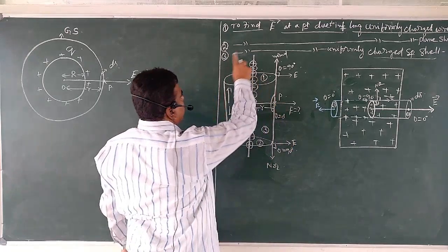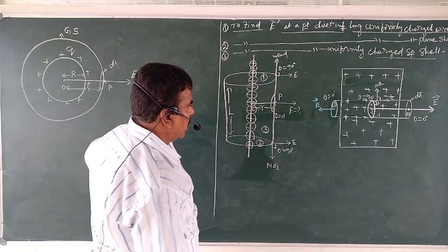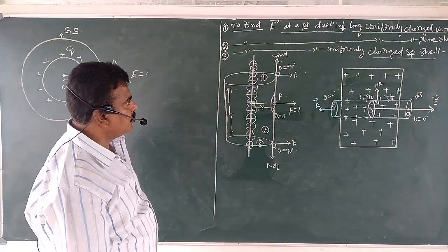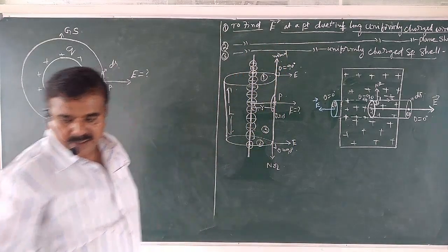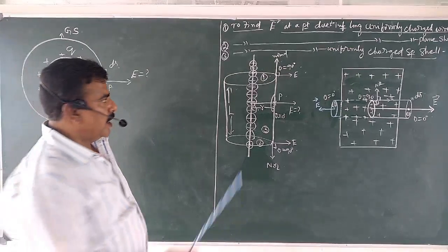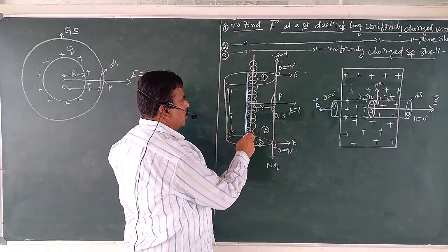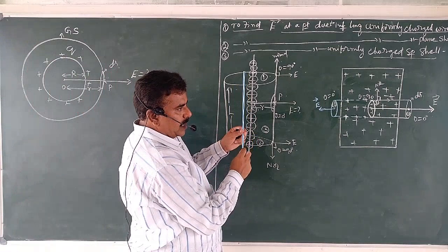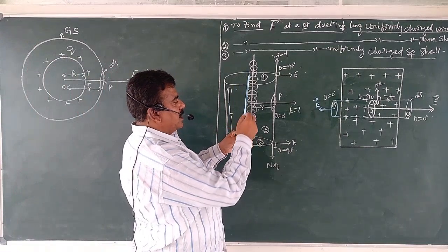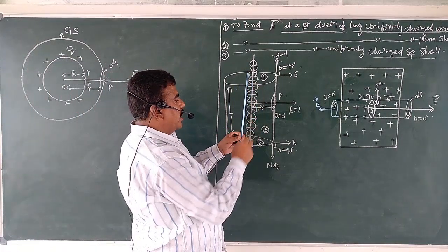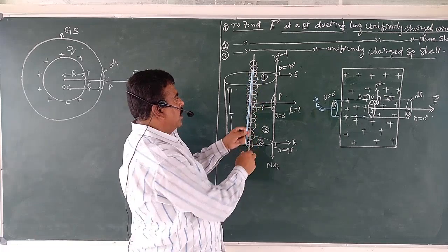The next application we shall take up later. First we shall do this. This is an infinitely long, uniformly charged wire. This is a conductor. When charges are given, charges will get distributed along the entire wire.